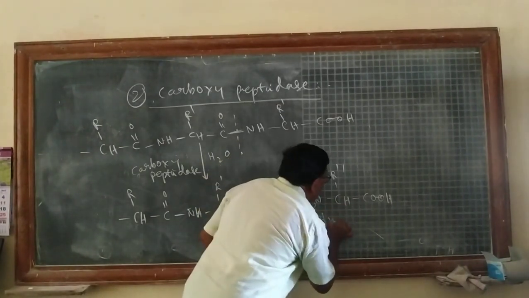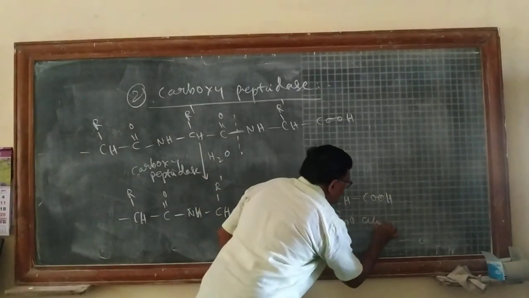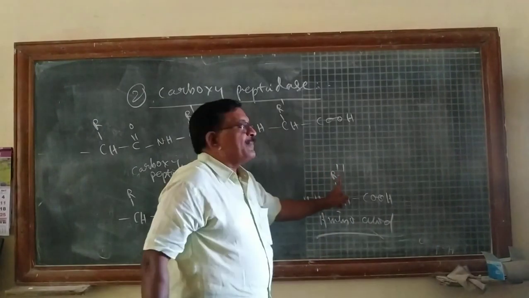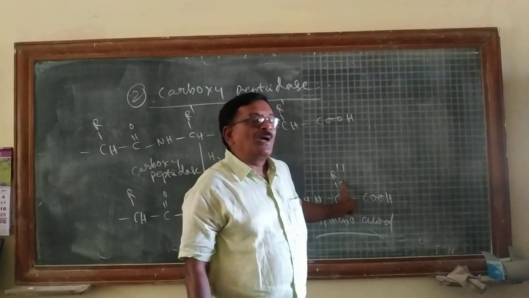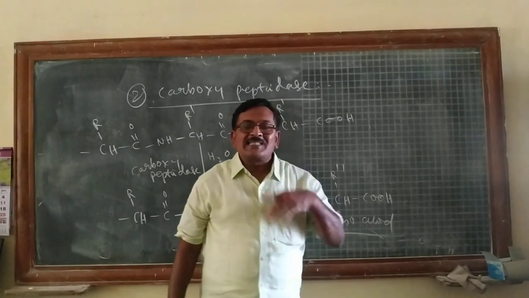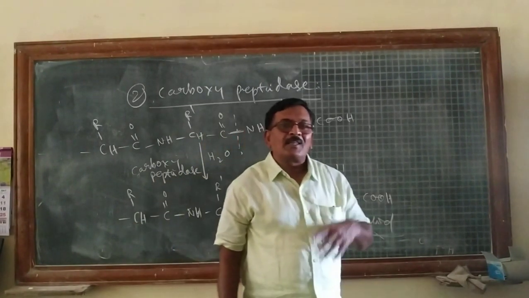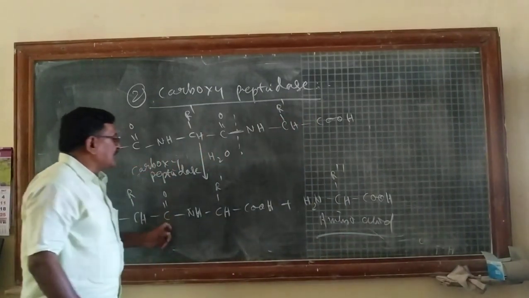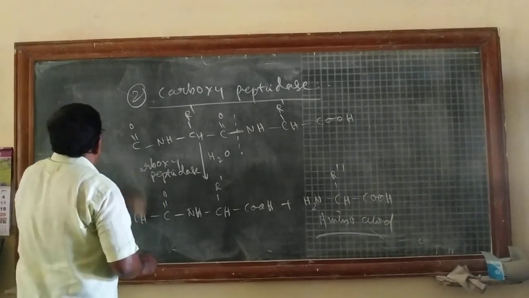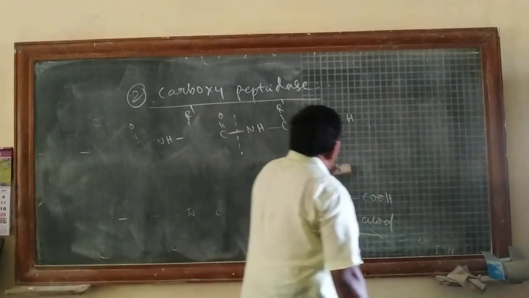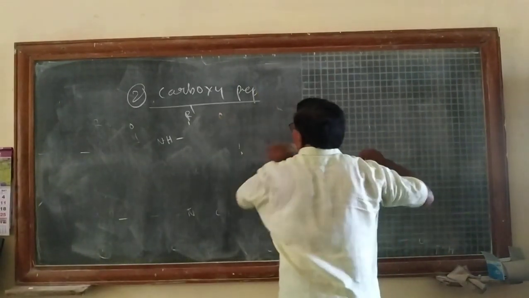So the amino acid depends upon the value of R, either a hydrogen atom or a methyl group or an ethyl group, whatever it may be. It may be an acidic amino acid, a basic amino acid or a neutral amino acid, and this forms these intermediate compounds. Then the second structure of carboxypeptidase.